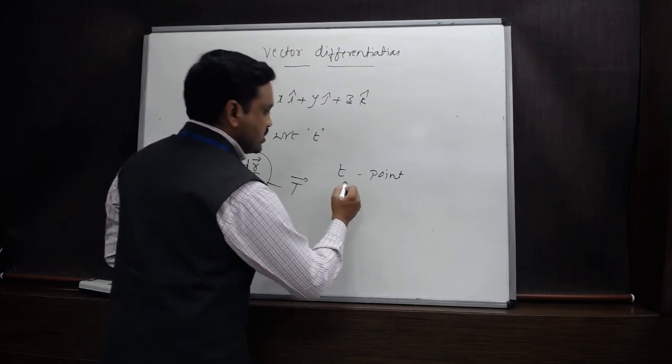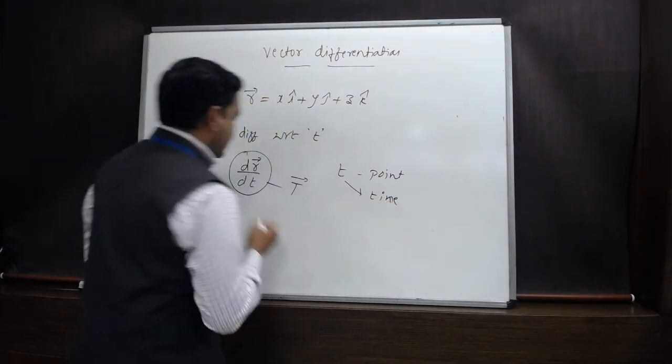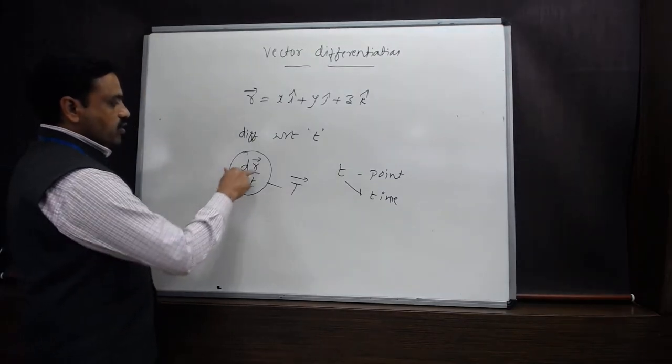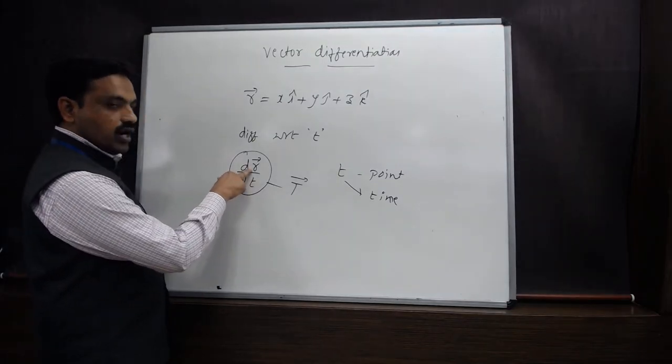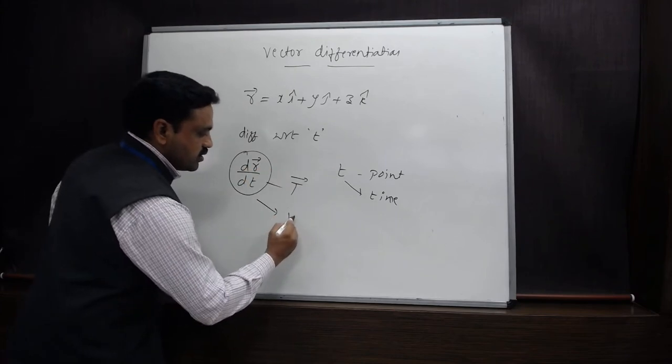Whereas if I consider t as time, then the same dr by dt, the differentiation of r with respect to t, is the rate of change of r, that is the position of a particle, with respect to time, and is denoted as velocity.